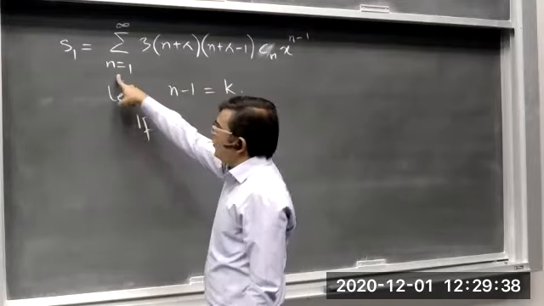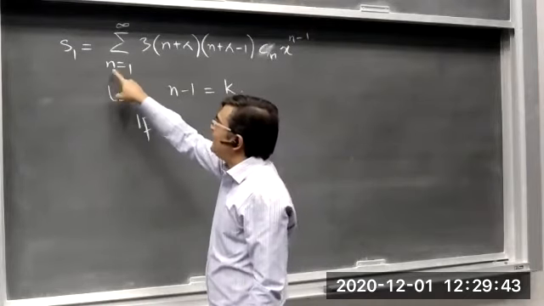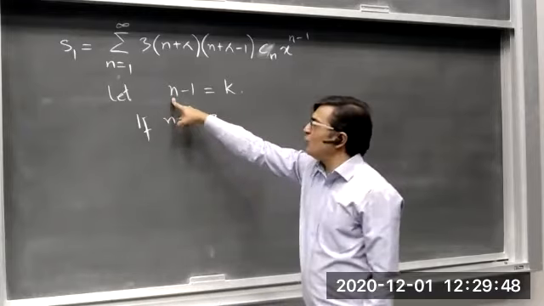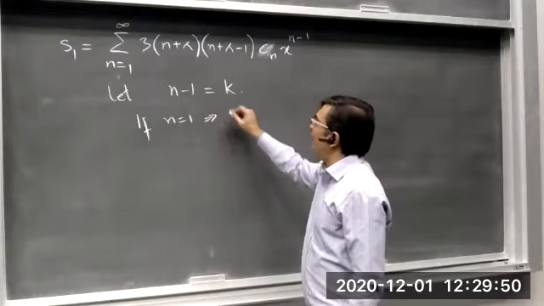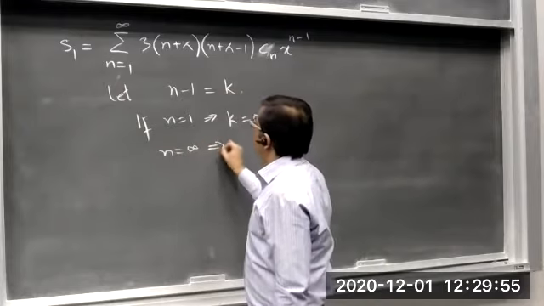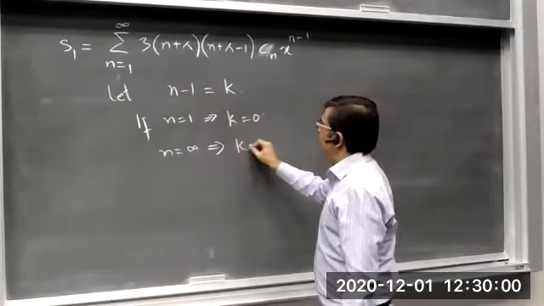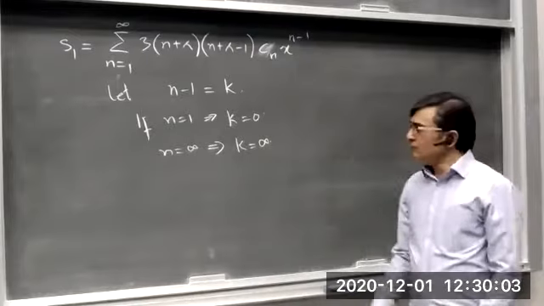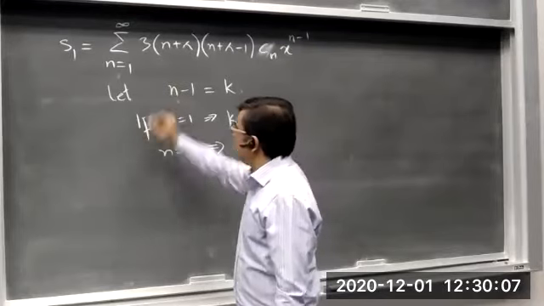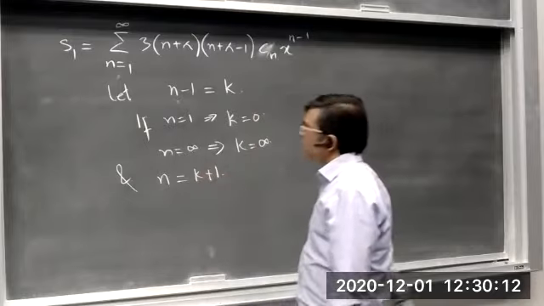Now we are going to change the indices in the summation. n starts from 1. If we put n is equal to 1 here, what would be the value of k? K would be 0. And if n is infinity, infinity minus 1 is infinity. So k is infinity again. And from here, we can also write what is the value of n. n is equal to k plus 1.